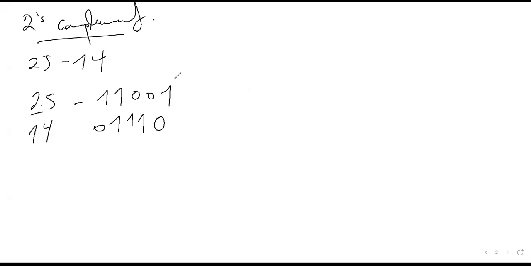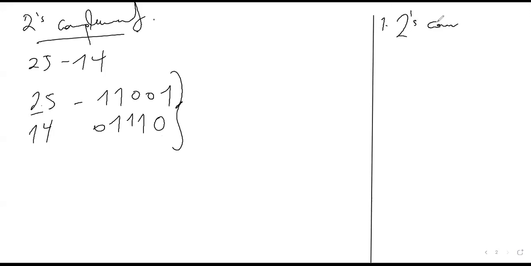These two numbers represent our binary numbers, 25 and 14. How do we subtract them using the 2's complement? All right, rules. Step number 1: take the 2's complement of the second operand.